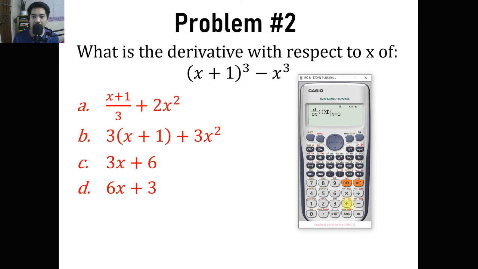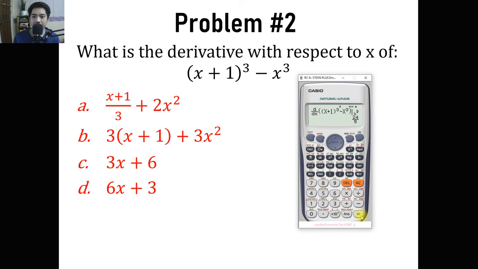So alpha x plus 1, raised to 3, and then minus alpha x cubed. We have to write the parentheses again, because there is a parenthesis provided in the calculator. Let us use 0.1 or 0.3. Let's try 0.3.